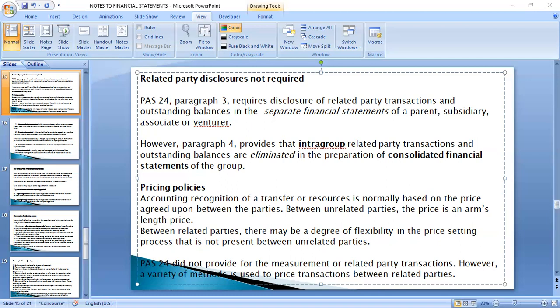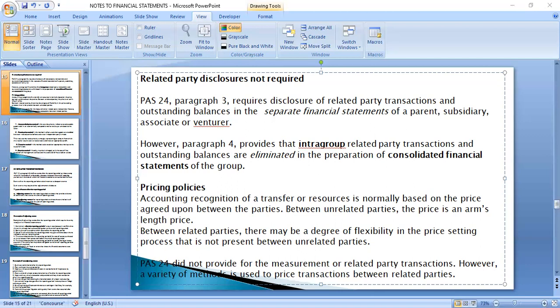Now we have the financial statements authorized for issue when the board of directors reviews the financial statements and authorizes them to be issued. And an entity is required to submit its financial statements to the shareholders for approval after the financial statements have been issued.